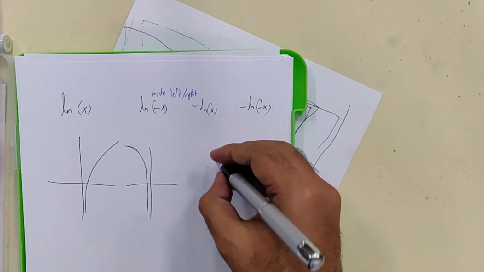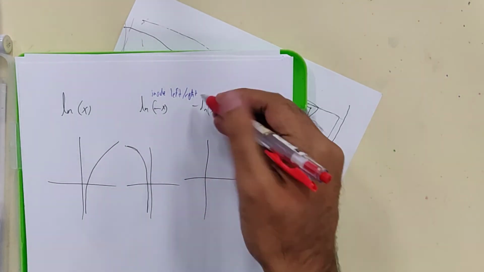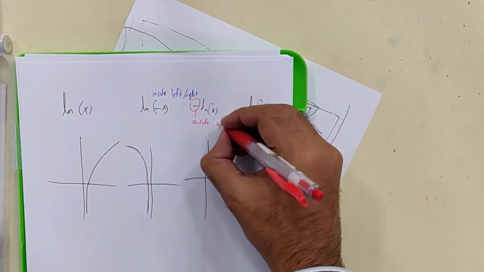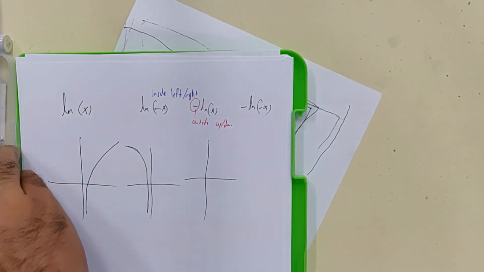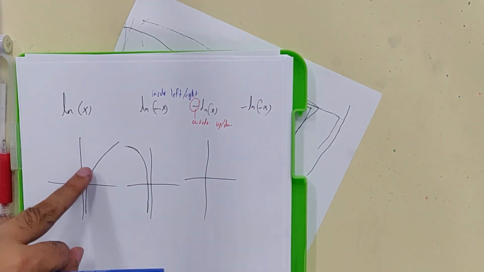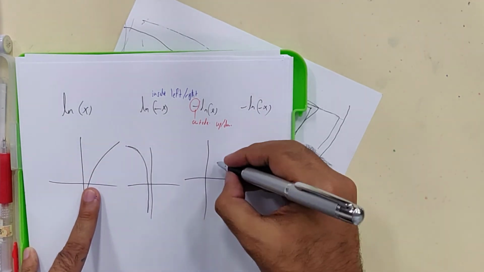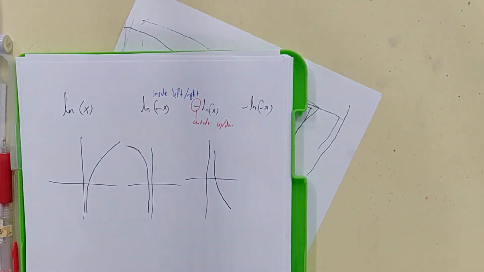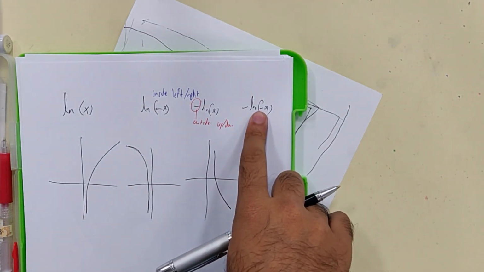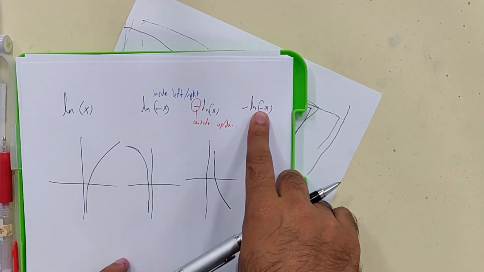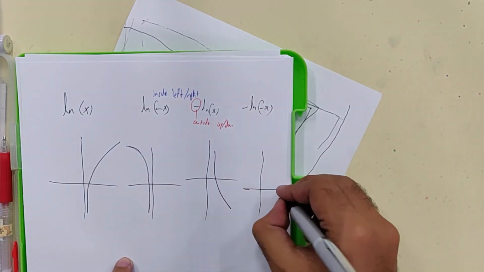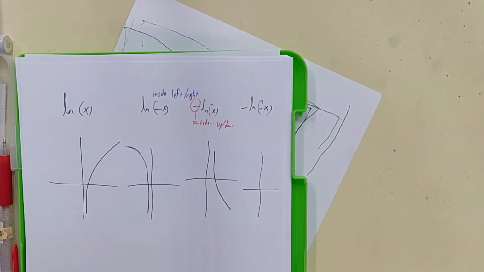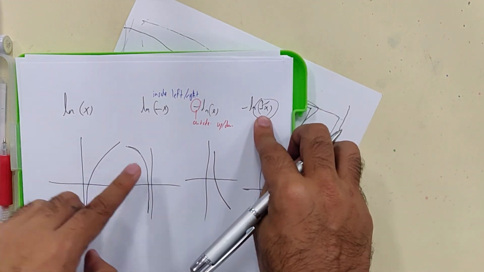This one, what does it do? Inside or out? Outside. What does it do? Up or down? In this case, from here, the original one, it reflects this way. Now what about this? Well, you can do which way you want. If you want inside first, so inside I got here. The inside give me here.